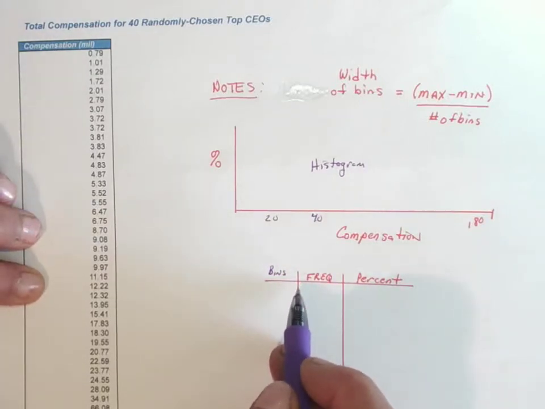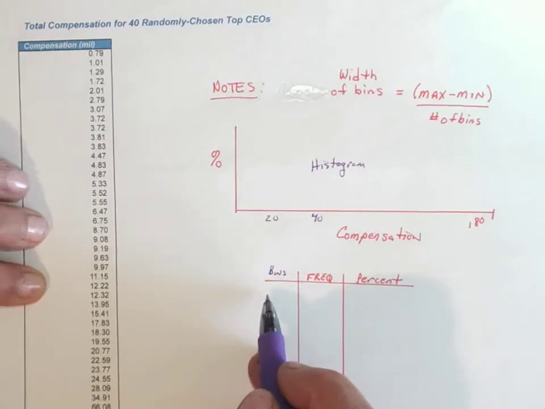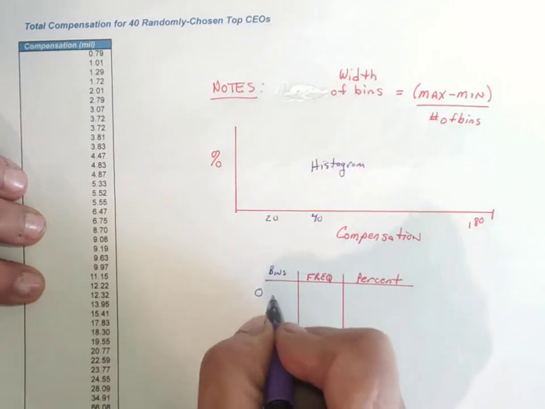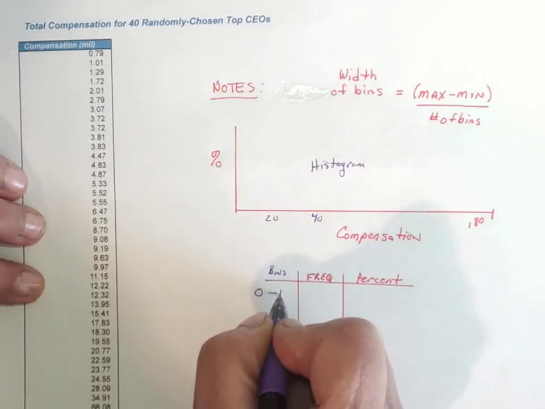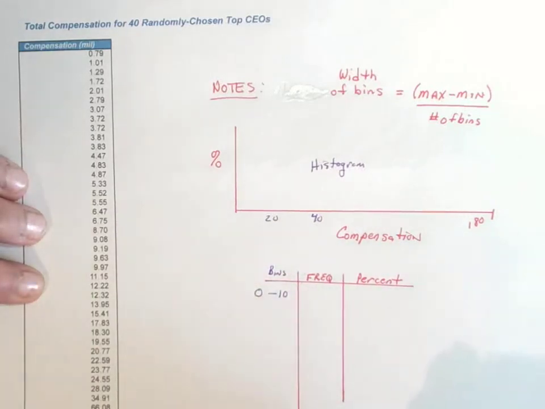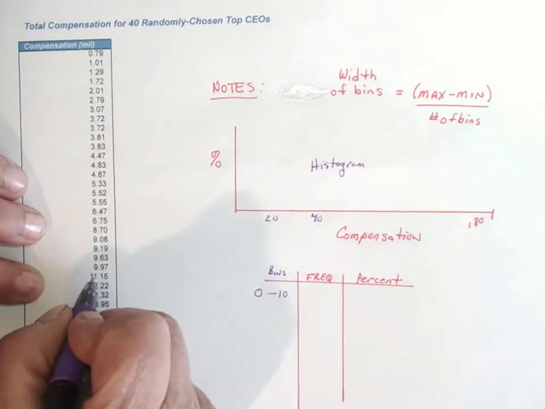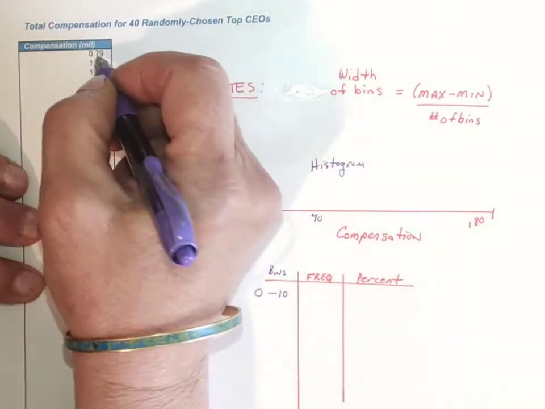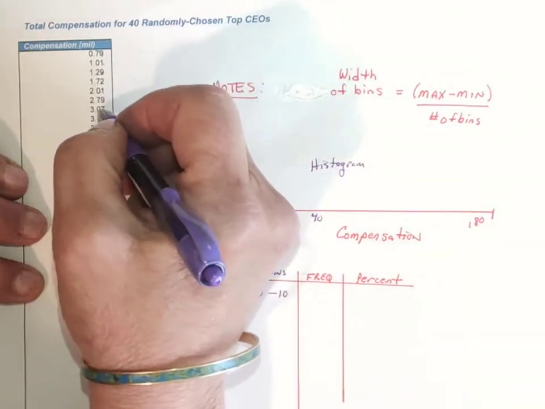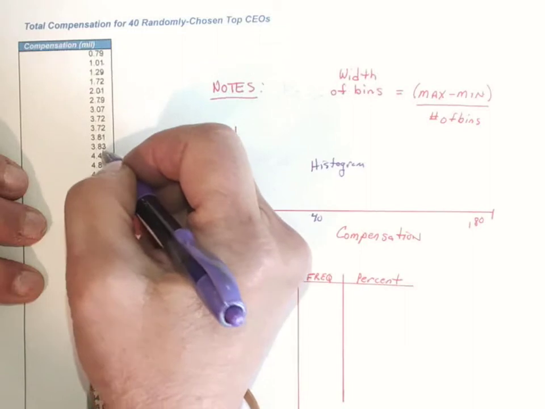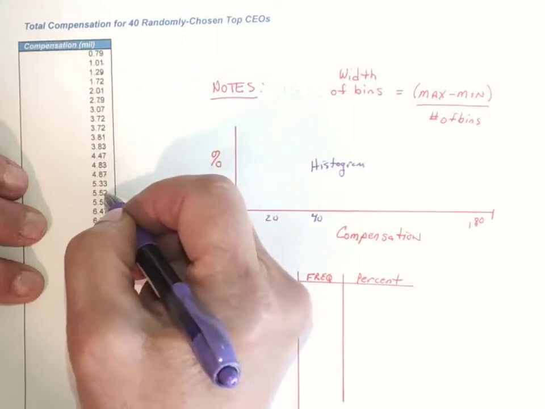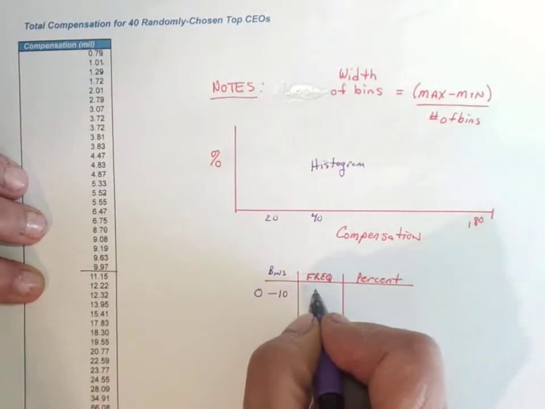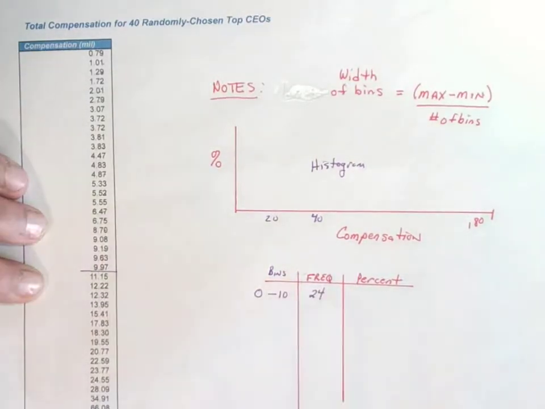So in this case, I'm just going to sketch this, and I'm going to say from 0 to 10. And I can see that if I do 0 to 10, I'm going to get 1, 2, 3, up to 24. So my frequency count is 24.